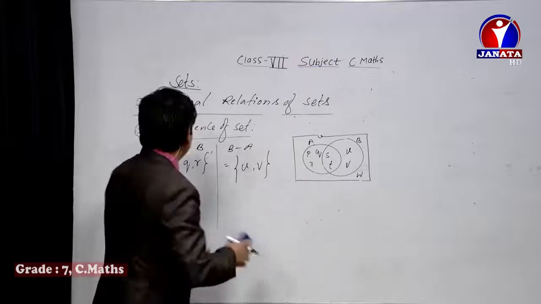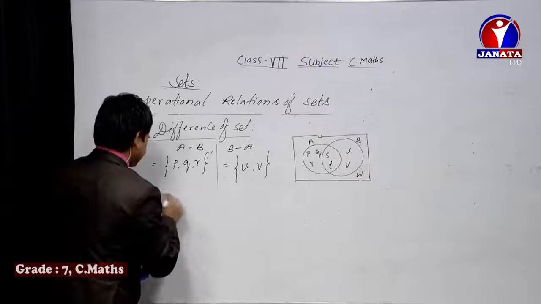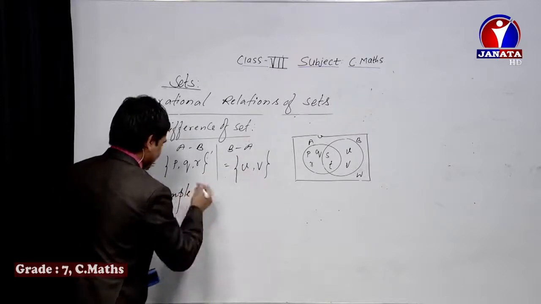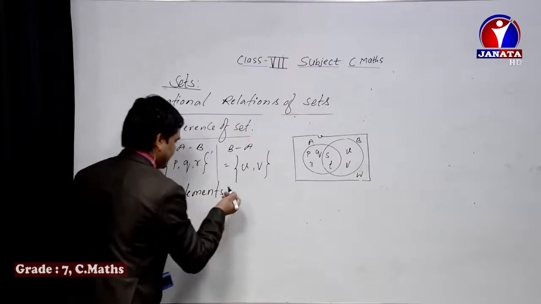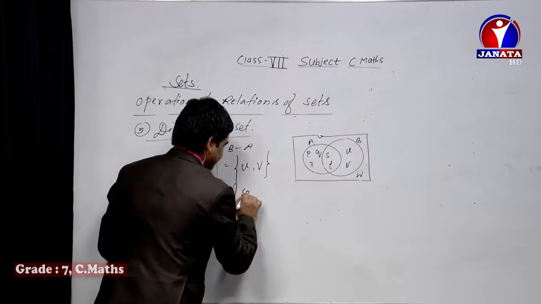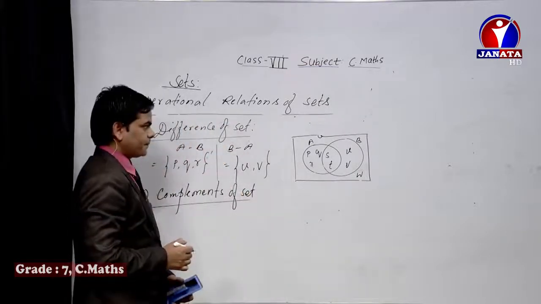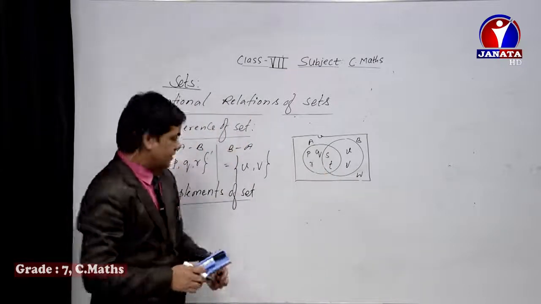And now it's the turn of W, dear students. For W, what to write? Complement of set, dear students. That member should be written in the form of complement. Complement of set means except the given information, okay.